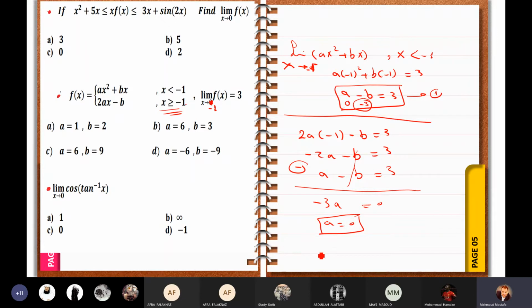So a is 0 and b must be -3. Something is wrong here. Maybe he means x approaches 0 here, but the answer must be a is 0 and b is -3.